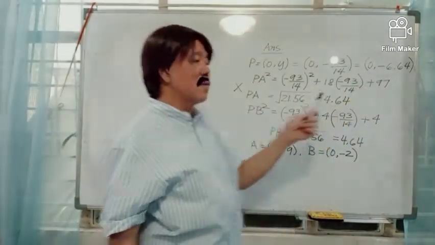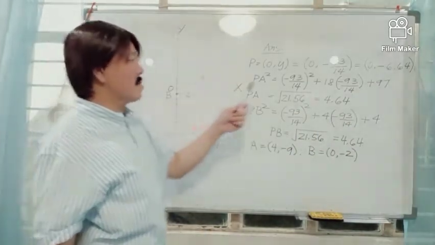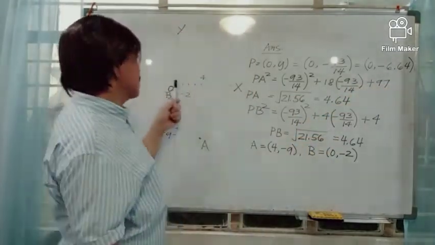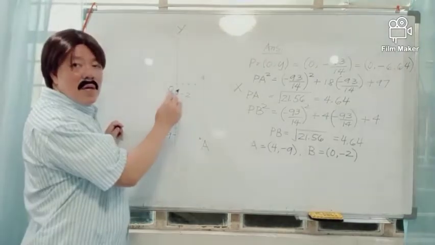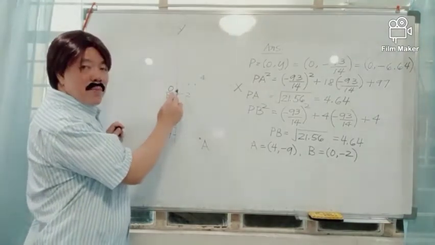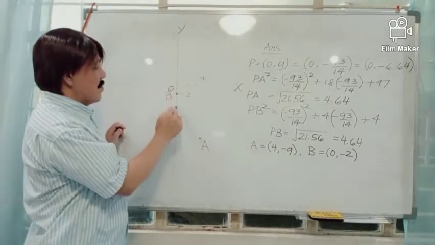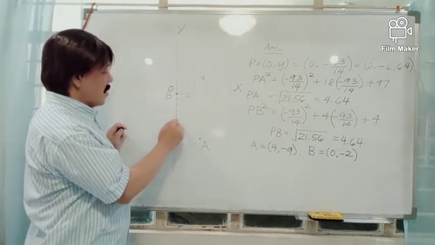The abscissa is 0. Hence, from the origin, we count 6.64 units downward. And we have used 1 unit intervals for the vertical axis. This is 1, 2, 3, 4, 5, 6, approximately 6 point something.